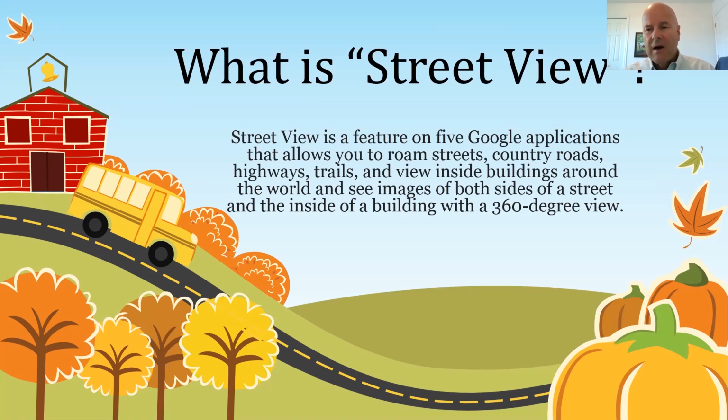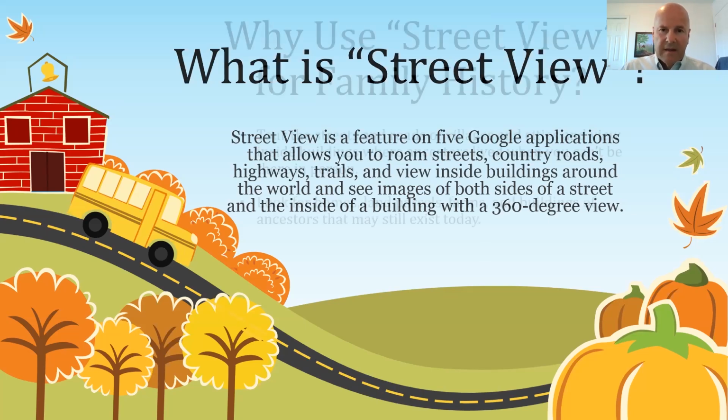It gets you on the ground level, the street level, not up in the air of a map or a satellite view, but on the ground. And that's the amazing thing about it.